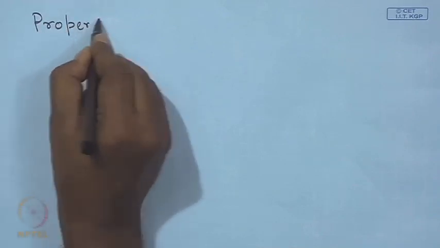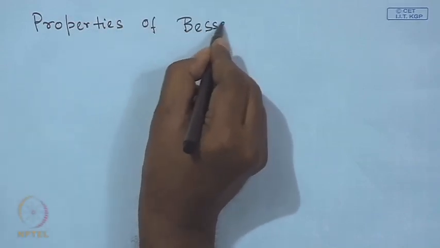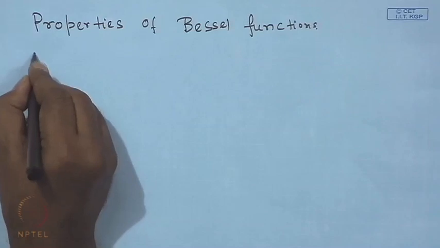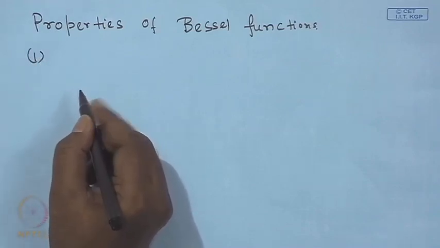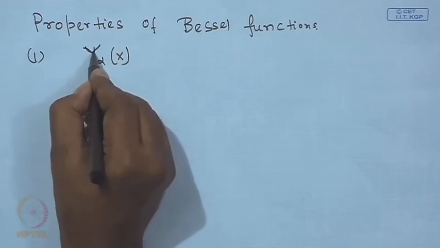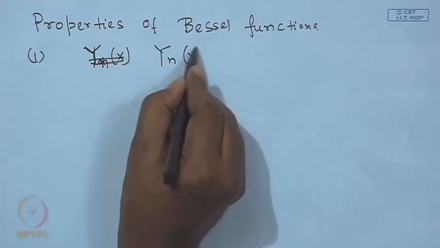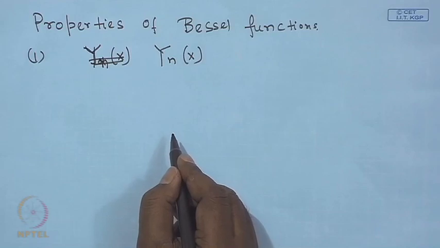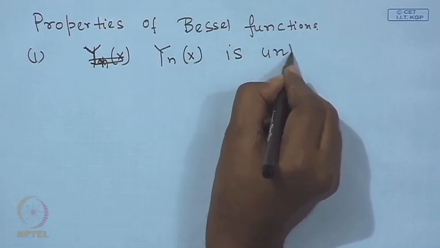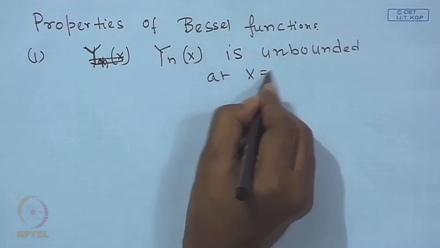So, properties of Bessel functions. Most important property is that y alpha x or y n x, the Bessel function of second kind of order n, is unbounded at x is equal to 0.